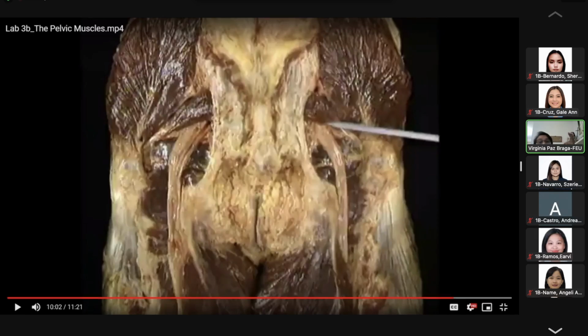Sometimes it emerges above the piriformis, or it can also pass through the piriformis. It happens. We encountered that, I think, 2-3 years ago in one of the cadavers. It's a normal variant. But remember, anatomically speaking, the more common site is the sciatic nerve emerging below, or from the undersurface of, the piriformis muscle. Okay?